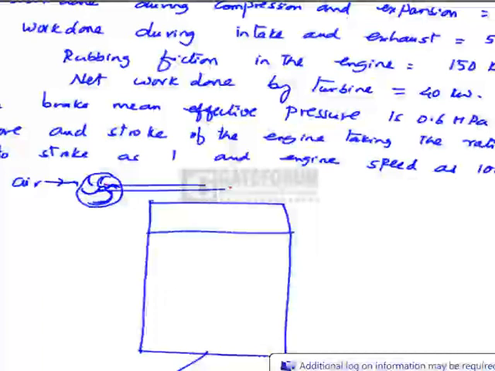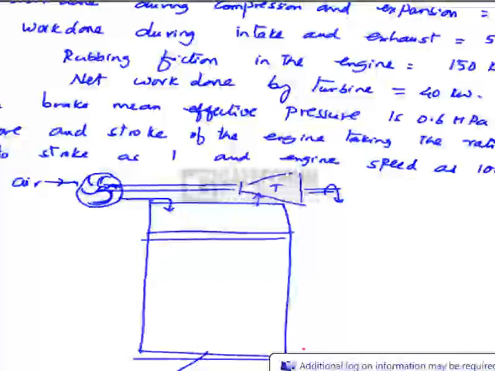This compressor is driven by the turbine. What drives the turbine? The exhaust gases leaving the engine, whereas the centrifugal blower supplies the air at high pressure into the cylinder.